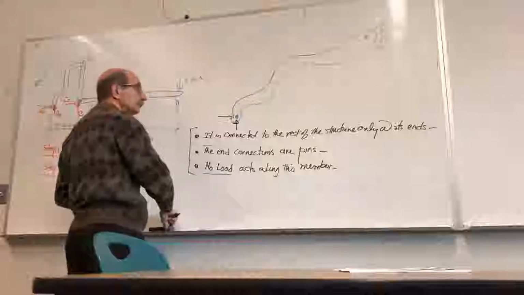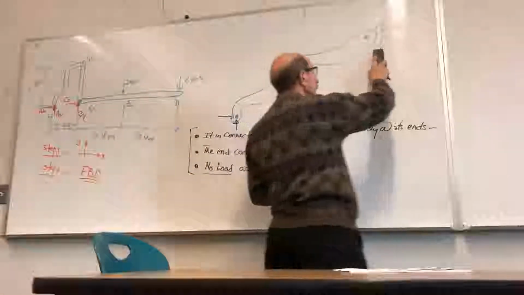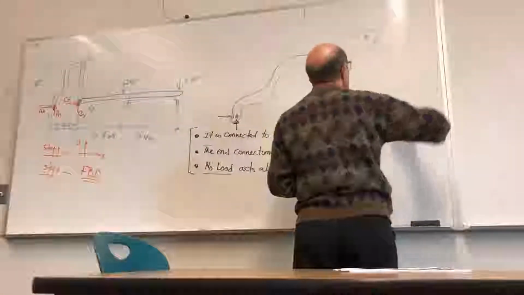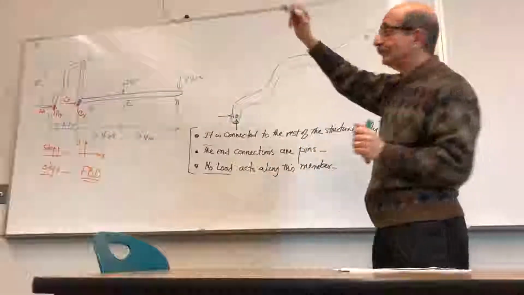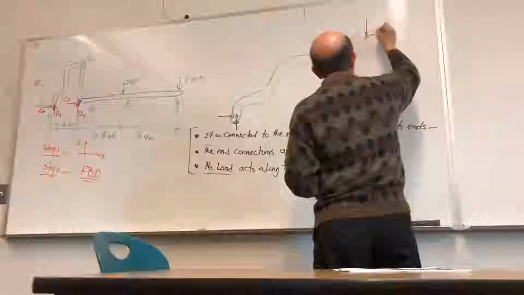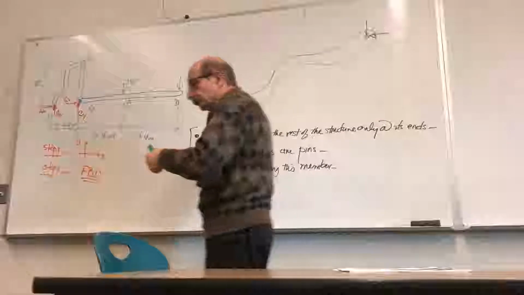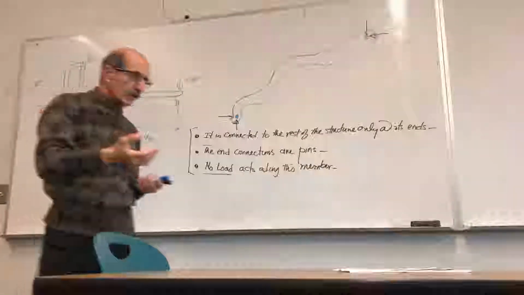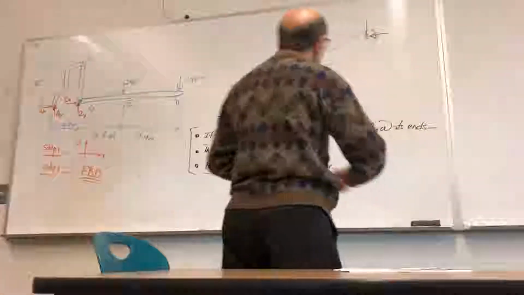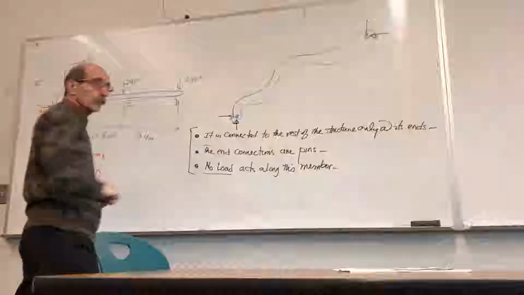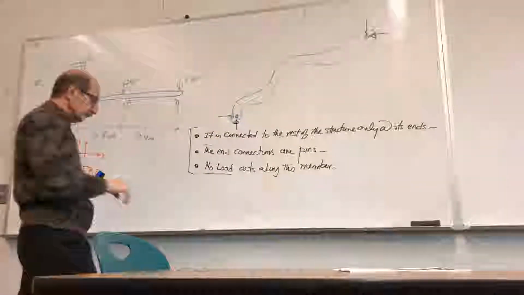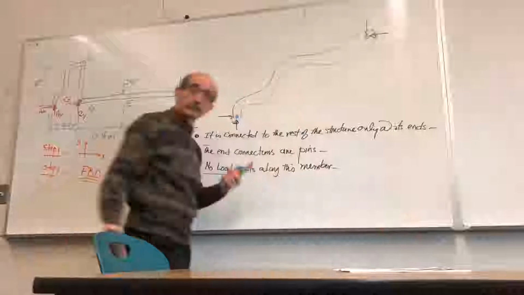How about that one? Represents how many unknowns? 2. So what I will do to make my life easier, I would replace these 2 unknowns or these 2 forces with their resultant. Can I do that?